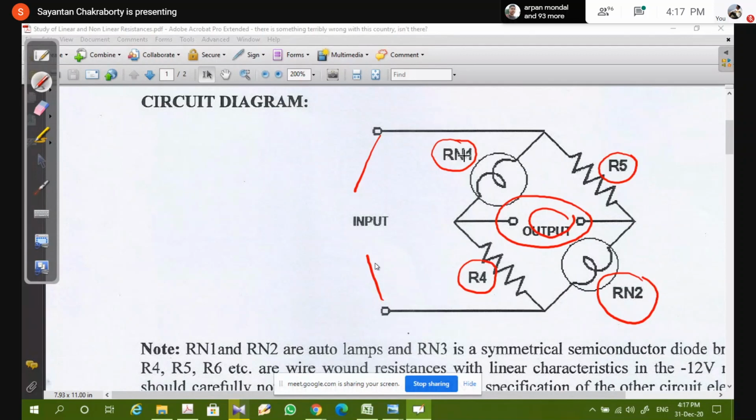Now, given these values of Rn1, Rn2, R4 and R5, can you comment on how the output would change? Any anticipation?